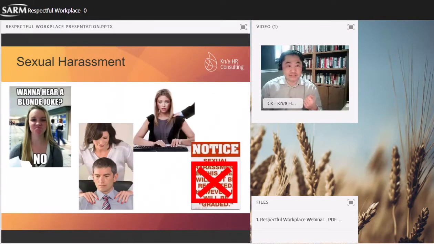So I'm going to bring your attention to one of these areas here, sexual harassment. Again, because of the nature of it, sexual harassment is often talked about as a specific kind of harassment, but it's also on that human rights protected list that I shared before.